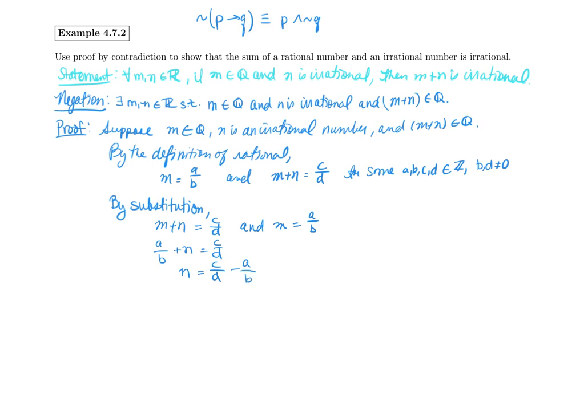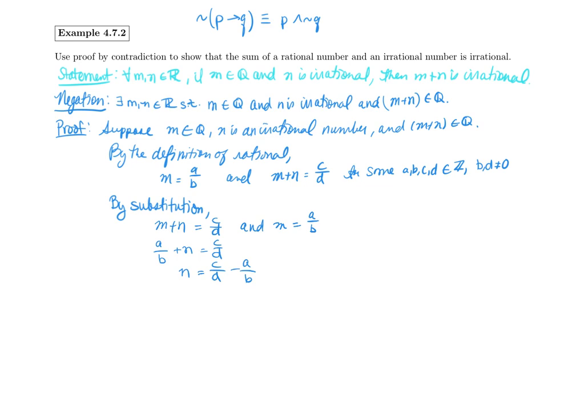And here is where things are a little easier than what we did in section 4.3, because you don't have to do the common denominator and show that you've got integer divided by integer here, because I never said you couldn't use closure of rationals here. And because we have addition, multiplication, or subtraction of rationals here, we know that n is going to be rational.